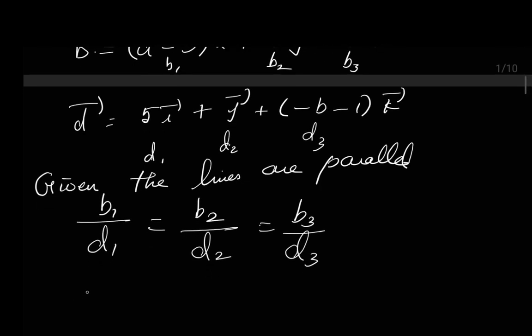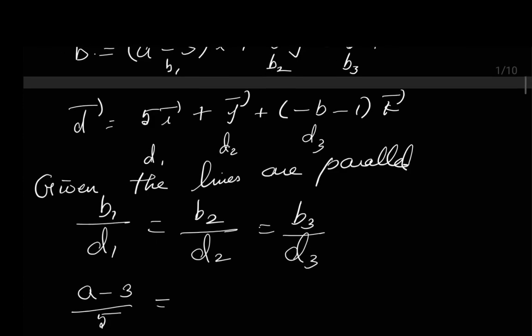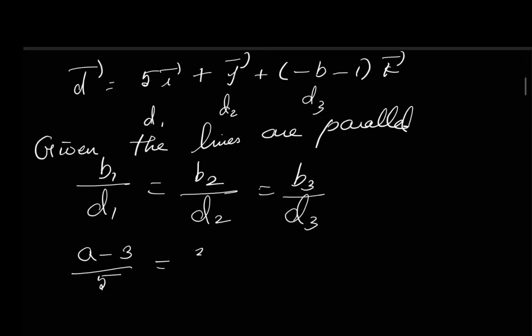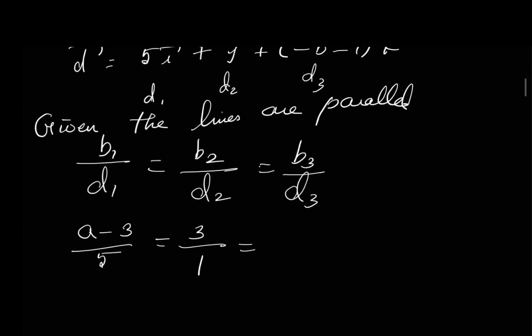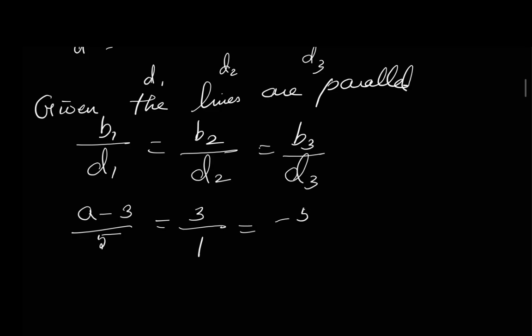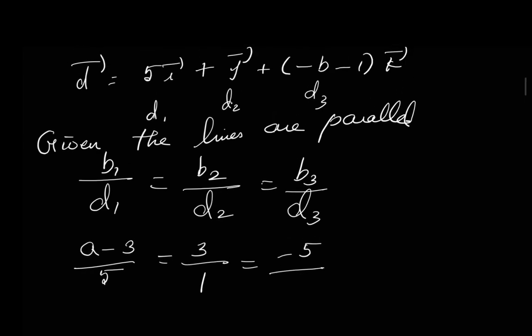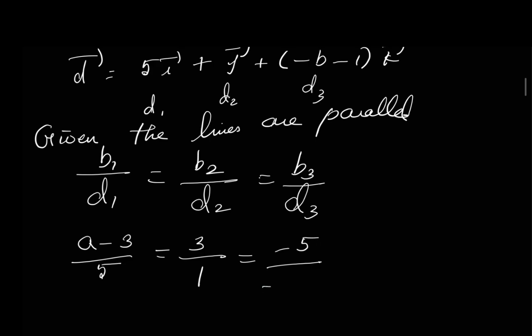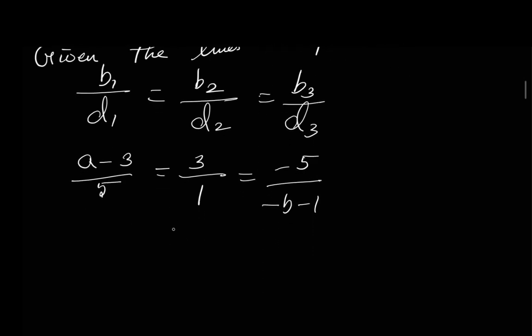So b1 is a minus 3 by 5, equal to b2 by d2, which is 3 by 1, the coefficient of j being 1 here. Then b3 is minus 5 by d3, which is minus b minus 1. From this you have to find the a and b values.